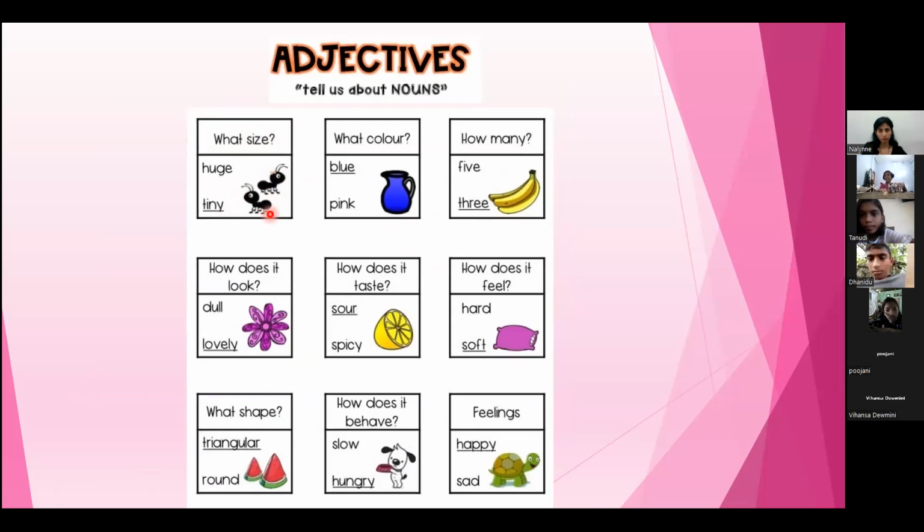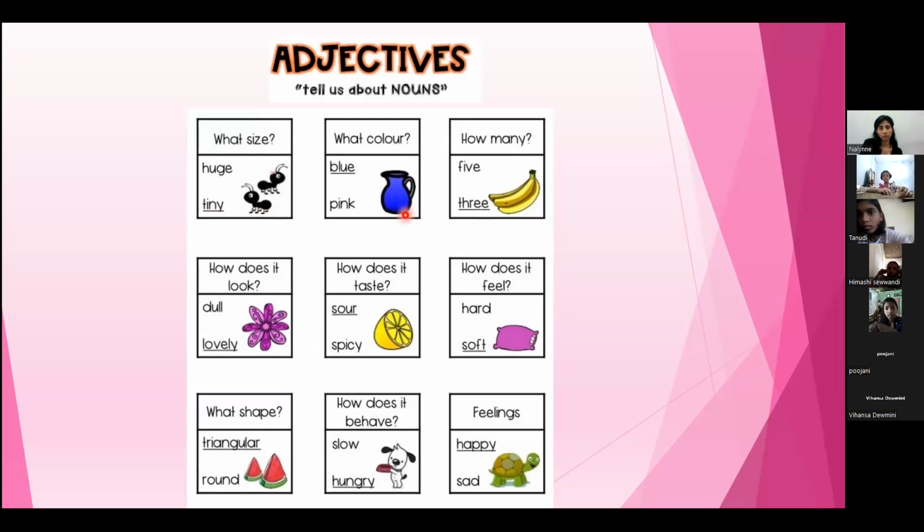When you say tiny ants, my mind immediately goes to tiny, not big red ants or very huge ants. So what does an adjective do? It helps our mind get a clearer picture of what we are talking about. Here we have a jug, and we can talk about the color, blue.